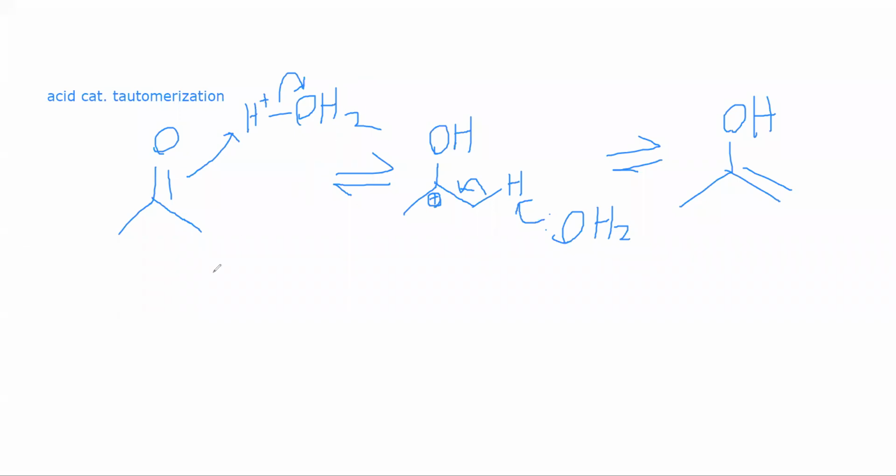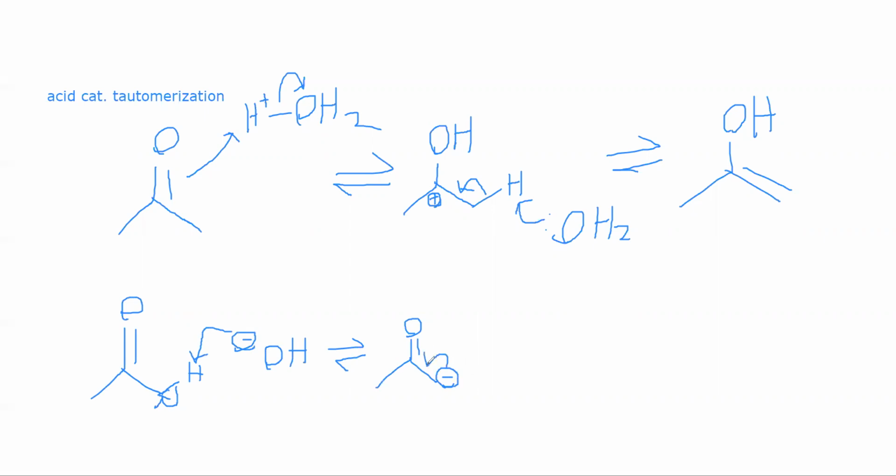You can also do this with a base by a slightly different mechanism. So if you're adding a base like hydroxide, it's going to take the only acidic thing in the molecule, which is the alpha proton. And in case you don't remember, I'll say why that's acidic very shortly. It's because when you take that proton, you form an enolate, and then the enolate has a resonance form with the carbonyl.